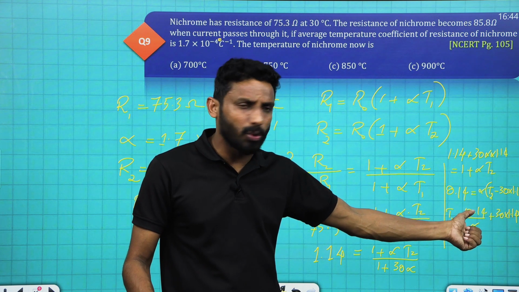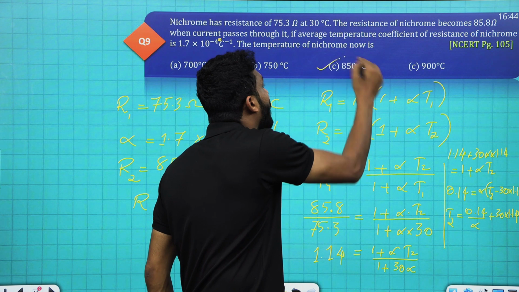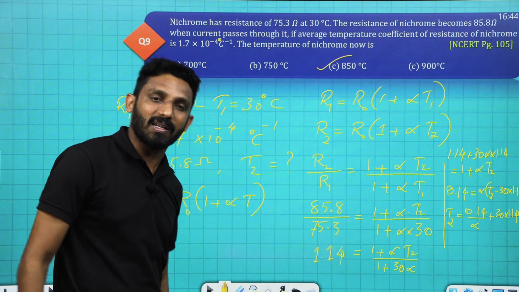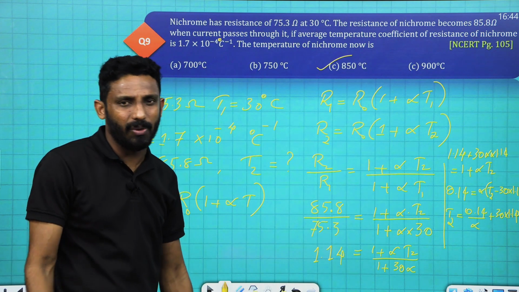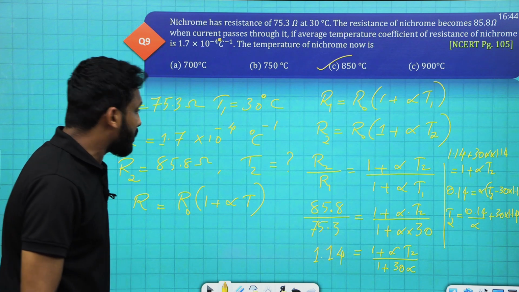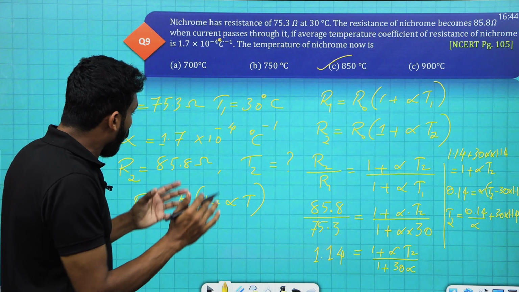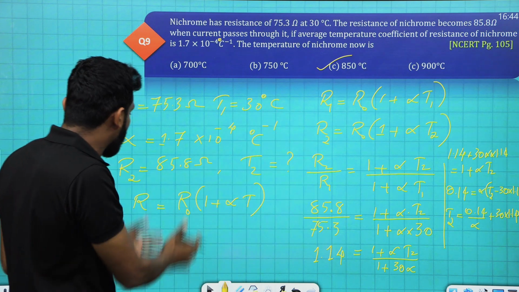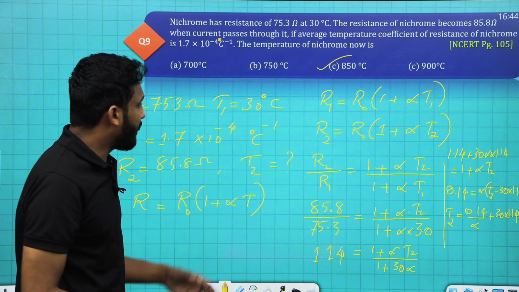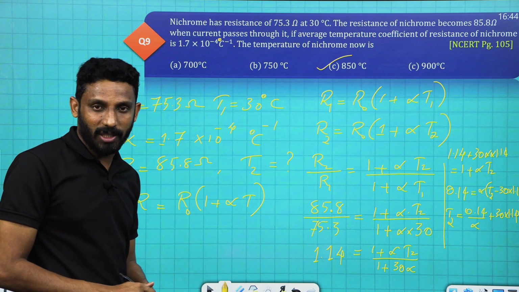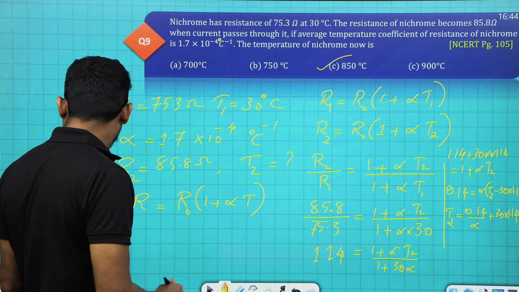This is around 820, so our answer will be 850 degrees Celsius. The calculation is very simple. You can easily do that. Just remember how we solved this and what the formula is. I hope you understood it clearly. Moving to the next question.